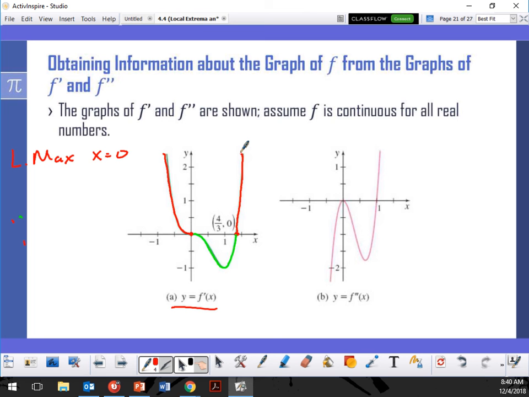So if it's going from a negative to a positive, think about the slopes. You have to imagine it: negative, negative, negative, down to 0, and then all of a sudden at that 0, it starts going positive. So if it's changing from a negative to a positive, that's a local min at x equals 4/3.